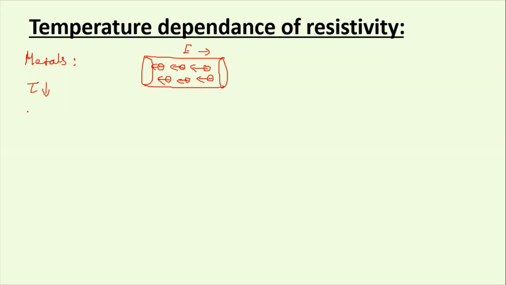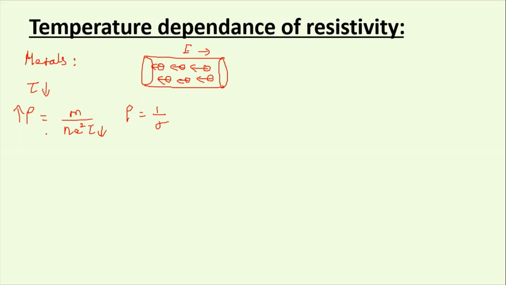You know that resistivity is given by m by n e square tau, and resistivity is the inverse of conductivity. So when tau decreases, what will happen to resistivity? It will increase because they are inversely proportional.